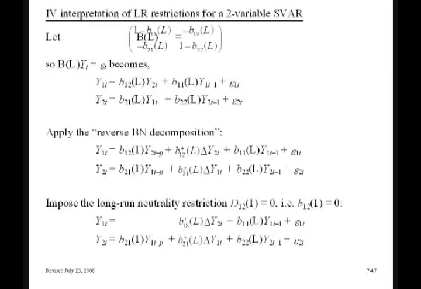Remember how I started saying that we needed some restriction, like an exclusion restriction, to deal with identification problems in the simultaneous equation system. It turns out that this long-run restriction provides another restriction that you can use for identification in an IV way. And so that's what I'm going to do.